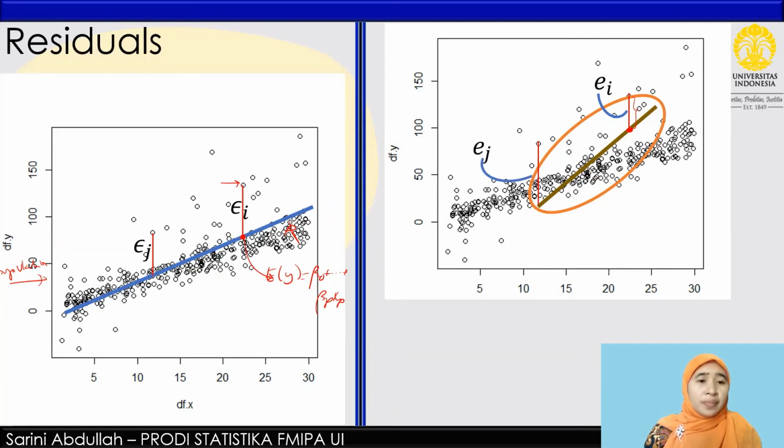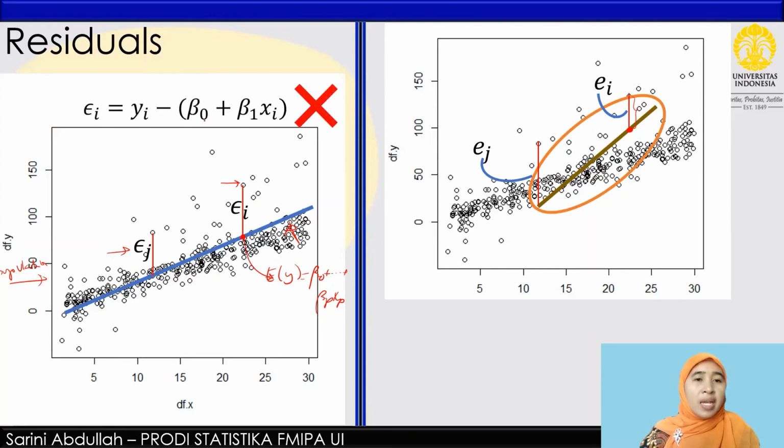Before, we saw that the assumption of the model relies on the error. The error here is given by yi minus the value estimated from the population data, which usually we don't have, which means that practically we can never calculate the errors.